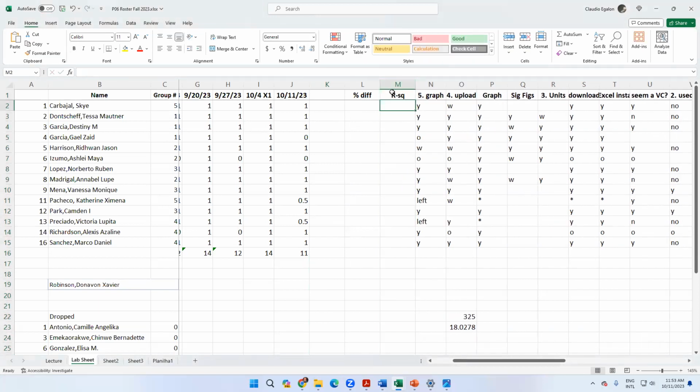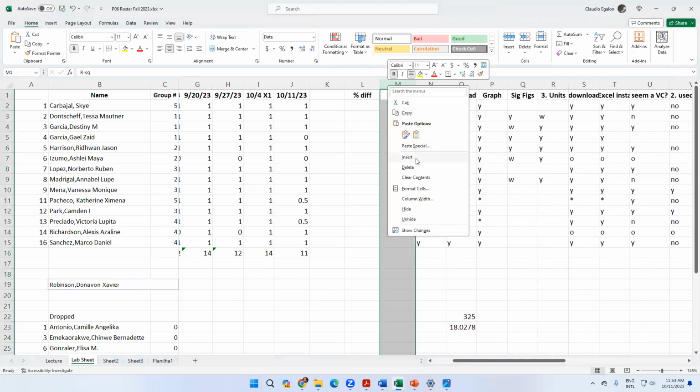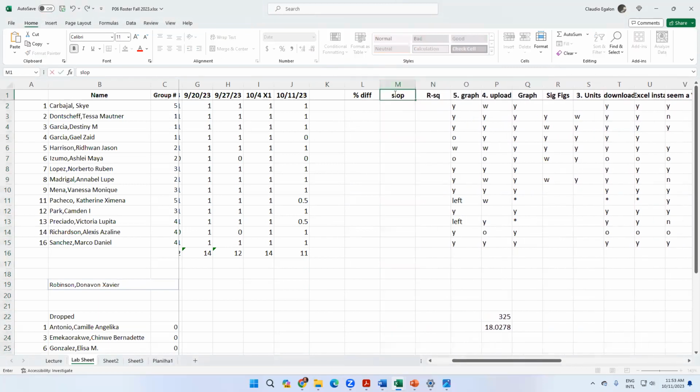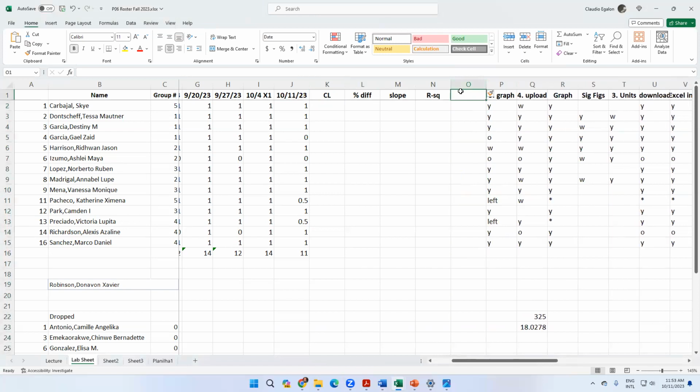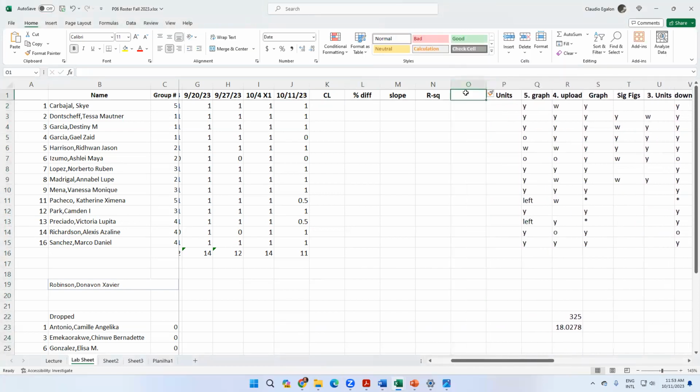You need the R square, and you need the slope. After the slope, you get the percentage difference. And then you're going to need the CL. Oh, and don't forget, there's more: the units, the sig figs, right? So we have all that stuff.